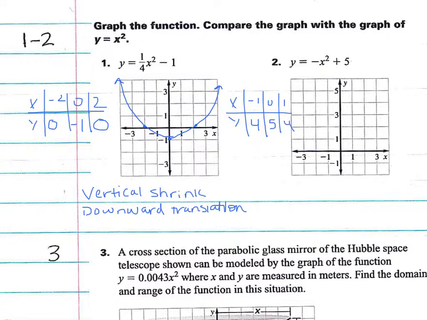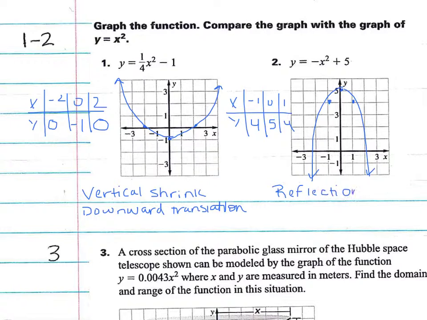So you see that it mirrors. And we plot those points. We have -1, 4, 0, 5, and 1, 4. We connect those as a parabola. I didn't do a very good job of getting them through the points, but with a pencil you should be able to. And this is what we call a reflection in the x-axis because it's upside down now.